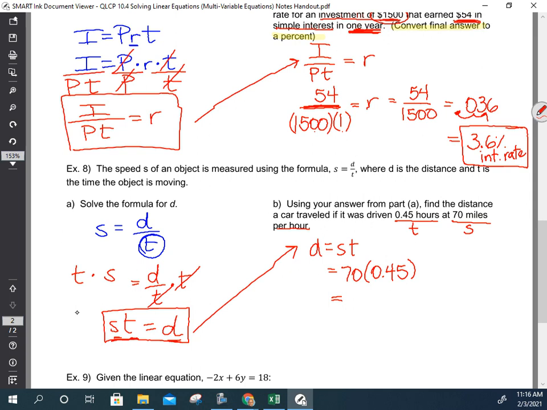Hopefully not, knowing that there's ice all over the ground. For 0.45 hours. So how far did you go? So 70 times 0.45, how far did I go? 31.5 miles.